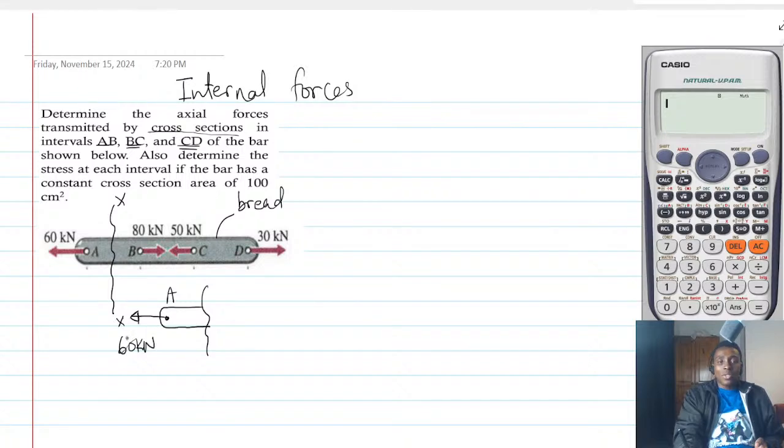But then you will realize that since you have cut this portion, this portion will be separated from the other part. Since this portion is separated from the other part, it tells us that there is something happening internally. Picture this as something like this.